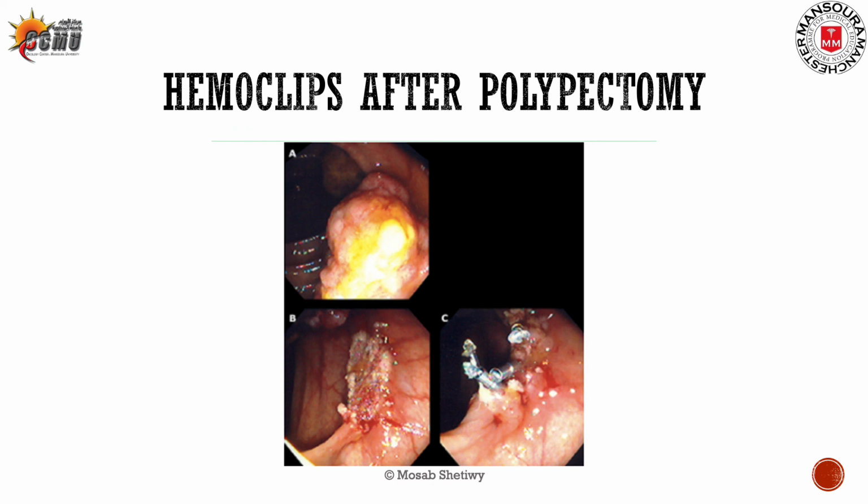Sometimes bleeding is encountered, and so they insert hemoclips at sites of bleeding. So that ends the treatment of colon and rectal carcinoma. Let's have a quick look at anal cancer treatment.